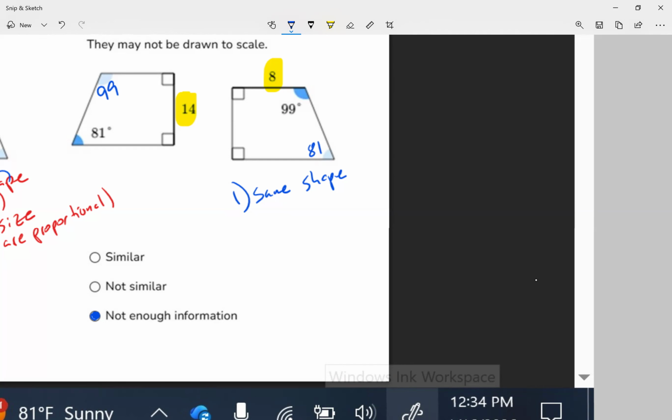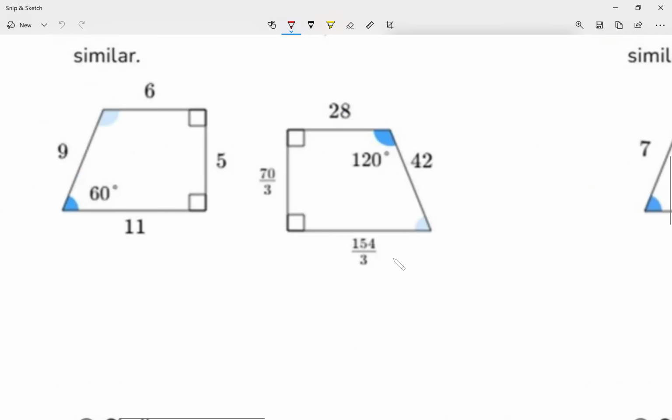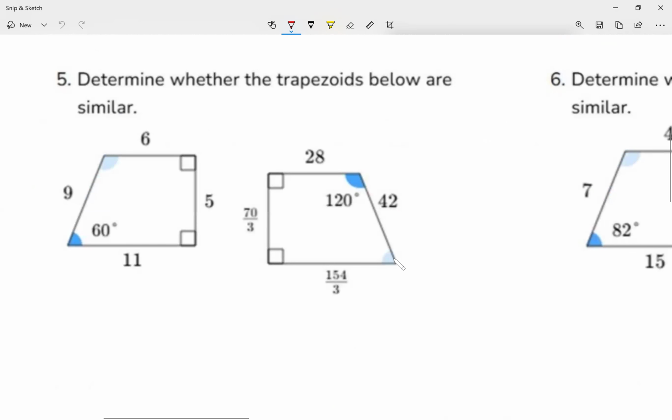Okay, let me flip the page. Let me take a look at question number 5. When it comes to angles, I'm going to say this is 120 because these two have to add up to 180. So yeah, that's 120. And I'm going to say this is 60 because the two angles have to add up to 180.